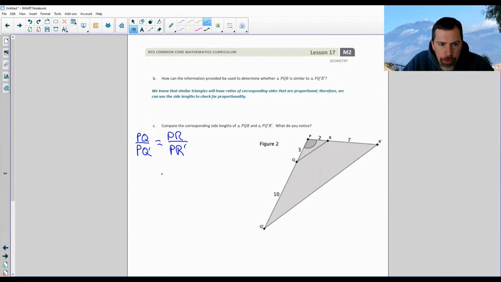So PQ is 3. PQ prime is 3 plus 10, 13. Don't forget to add them. PR is 2. PR prime is PR plus RR prime, or 2 plus 7, which is 9. 13 times 2 is 26. 9 times 3 is 27.